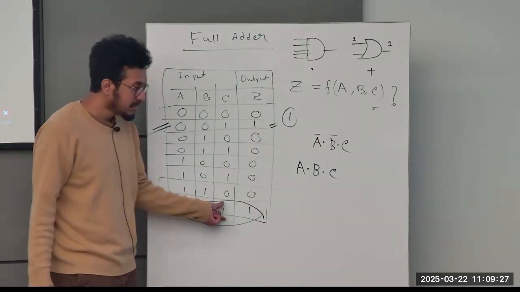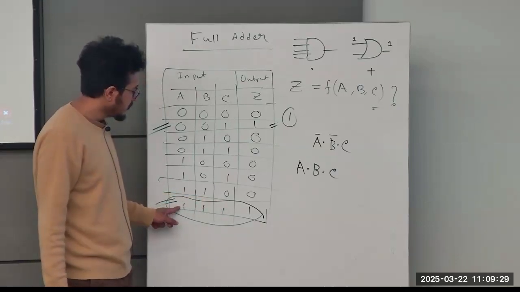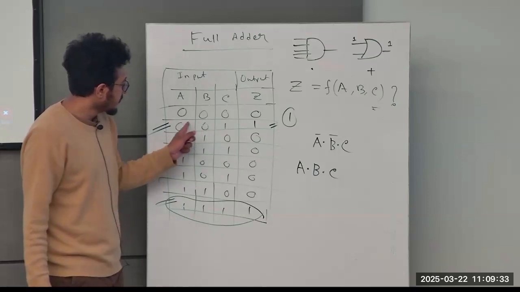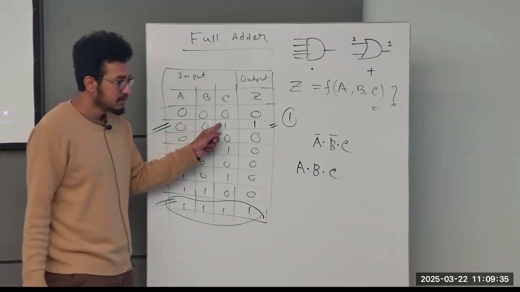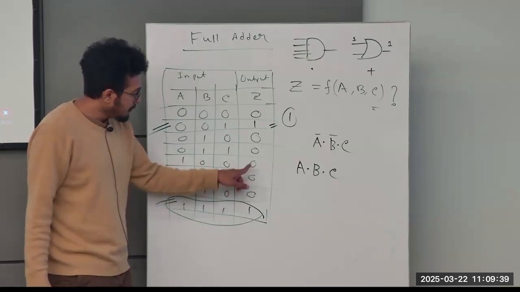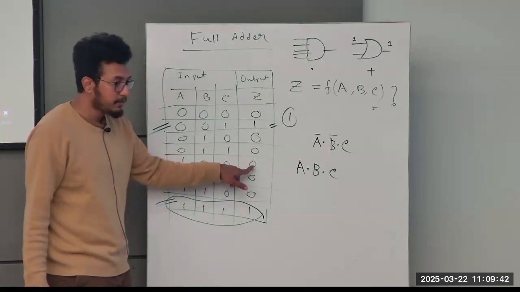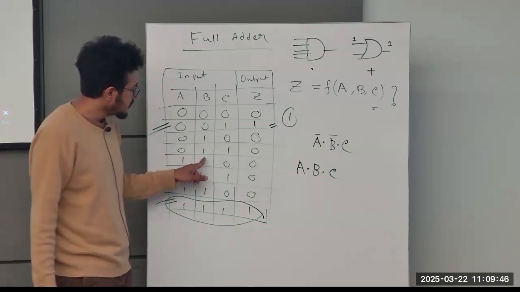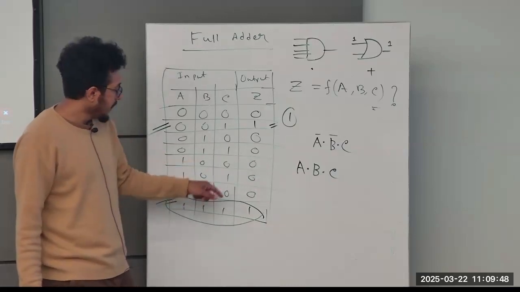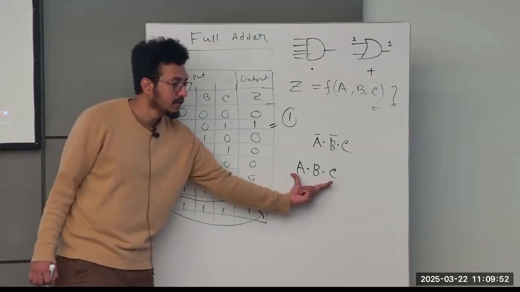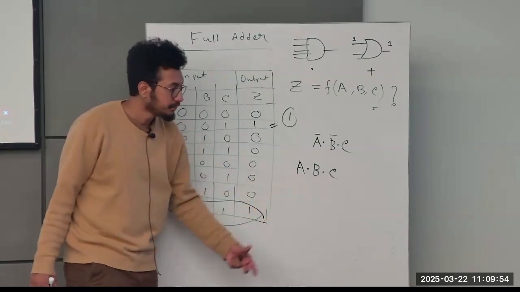If you had a 0, make it a naught like this. Here, A naught, B naught, C. Here, A, B, C. If I work with this, like A, B naught, C naught, right? So we have A and B and C. This gives me a 1 as well.